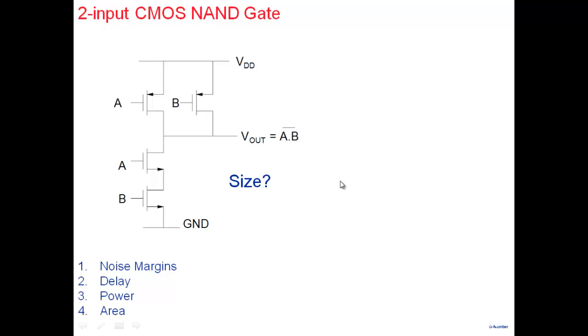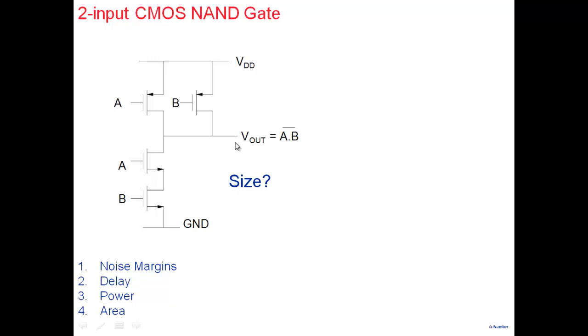Now, what size? So one cannot say, well, choose this particular size. As I've been saying, noise margin is local to a gate. It doesn't depend on, let's say, what happens in the previous gate or the output gate here. Let's say it's local. Delay of a gate depends on what is connected to this particular gate here.